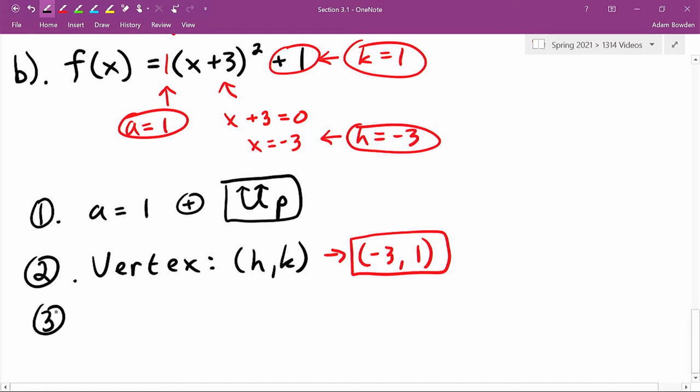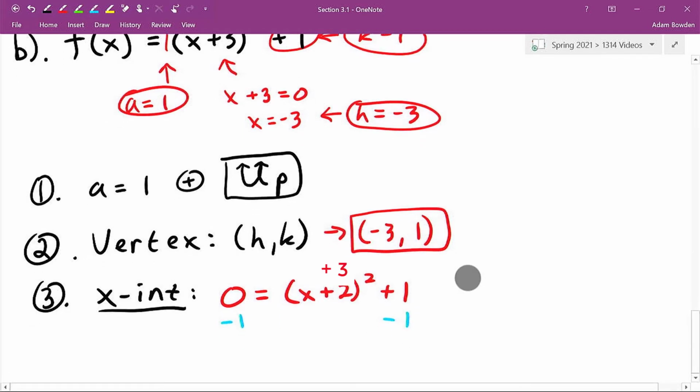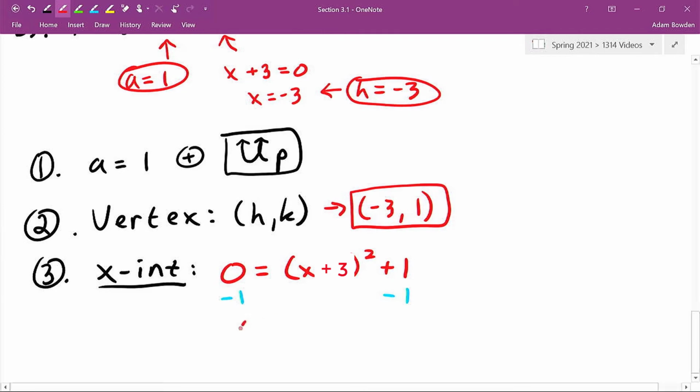Then we need to figure out what the x-intercepts are. For the x-intercepts, I'll set the whole thing equal to 0 and solve for x. I'll have to subtract the 1 over. At this step, however, we take the square root to try to reduce down the power of 2.